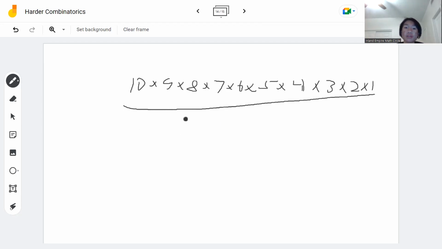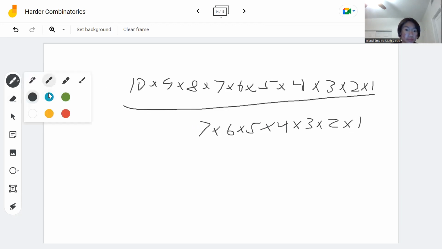We're gonna ignore that for now, times 7 factorial. So 7 factorial is this. So as I'm writing this out, do you guys notice any similarities between the top and the bottom? You guys notice anything here at the top?